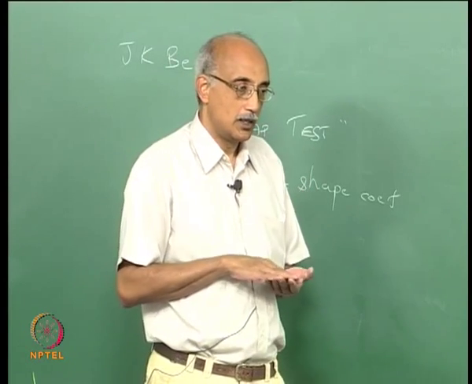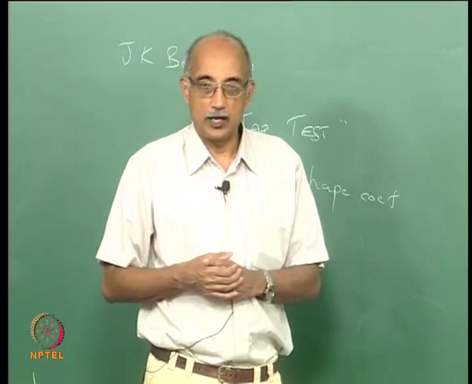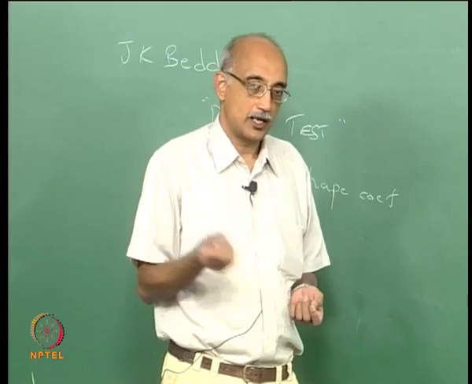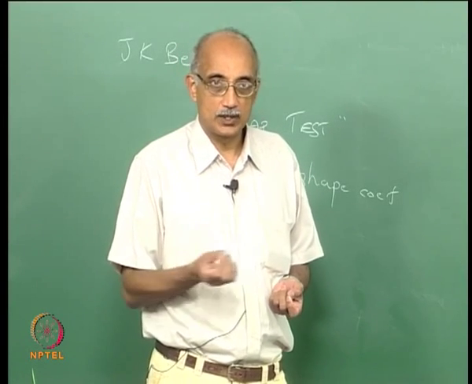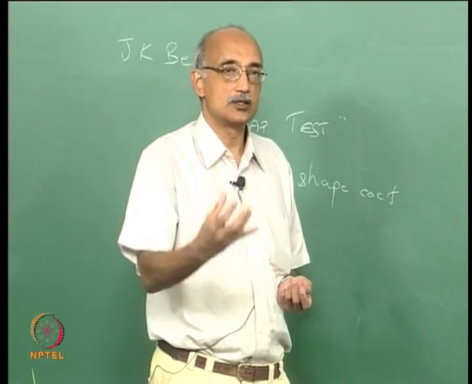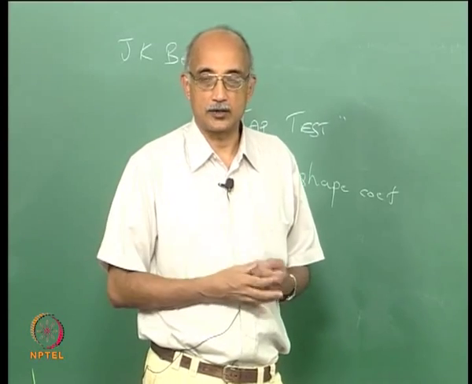For example, if you have a particle that has a very high elongation ratio, so L by B is a very large value, instead of saying L by B is a large value, if you can say that the particle is needle like or fiber like, it conveys so much more, as an image, as a visual characteristic.